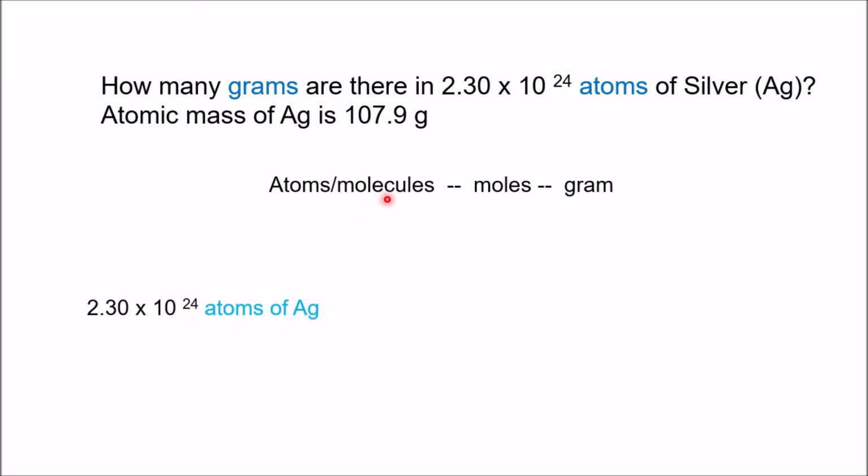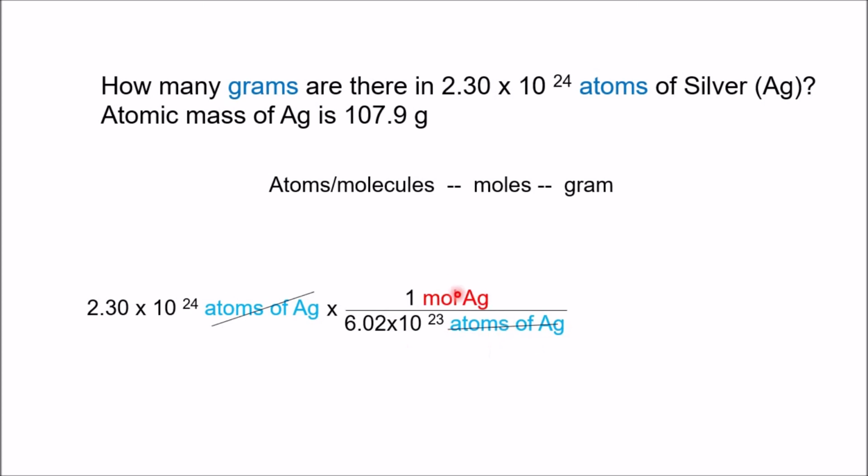We convert atoms into moles using the conversion factor. We write 1 mole of silver over 6.02 times 10 to the power 23rd atoms of silver. We write atoms of silver in the denominator so the equal units cancel out.